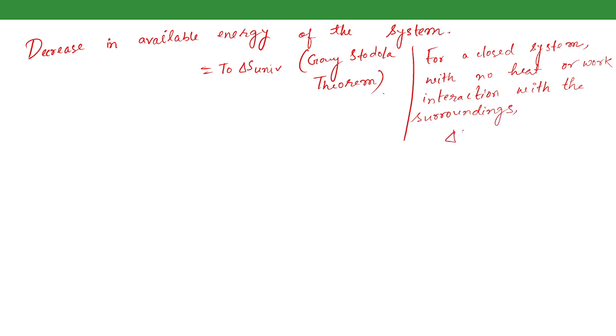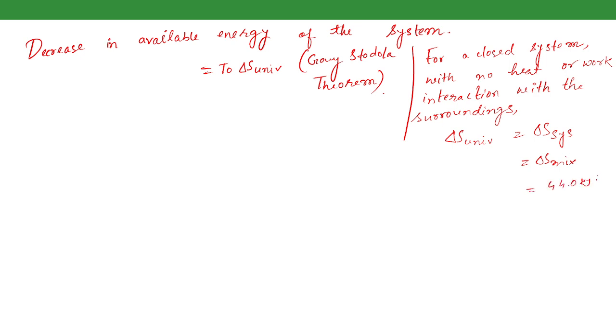The change in entropy of the universe, that is the entropy generation term, will be equal to the change in entropy of the system itself, like it is an isolated system. Closed system, that is there is no mass interaction, there is no heat and work interaction, so it is like in the form of an isolated system.